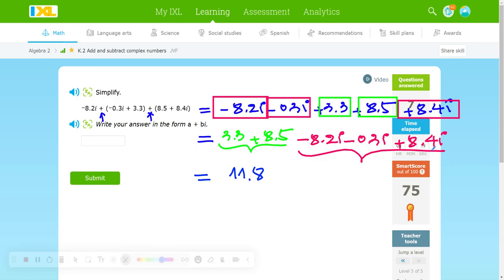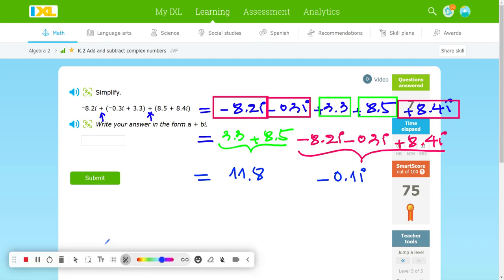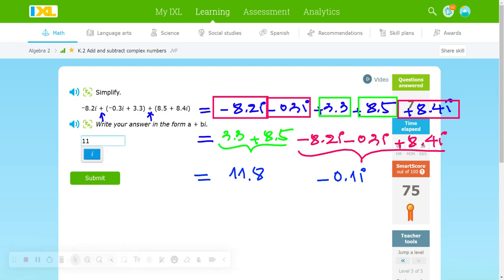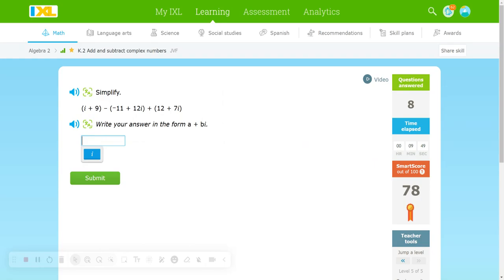Subtract 8.5i plus 8.4i is subtract 0.1i. That's it. Put in the answer: 11.8 subtract 0.1i. Voila. It said keep it up.